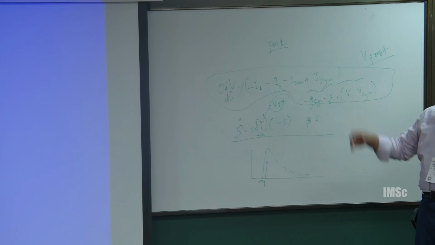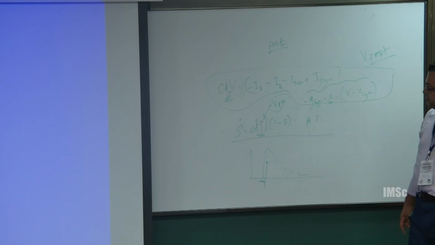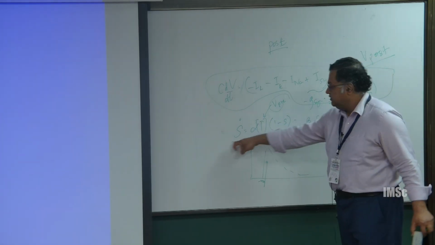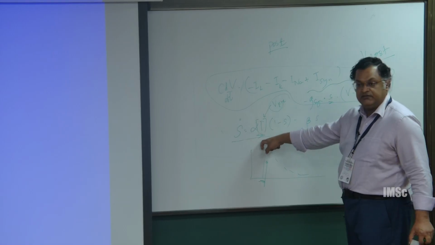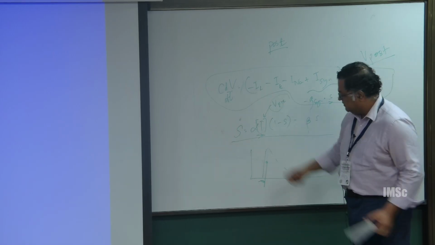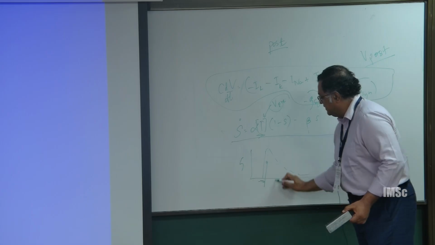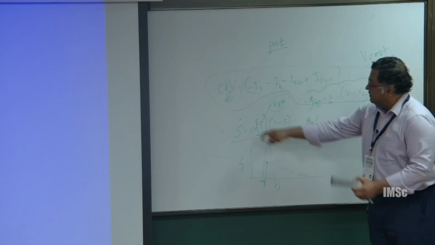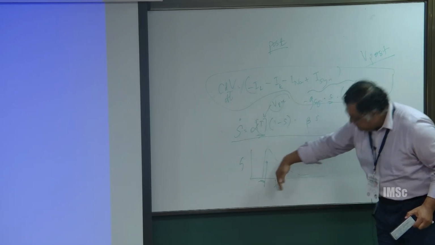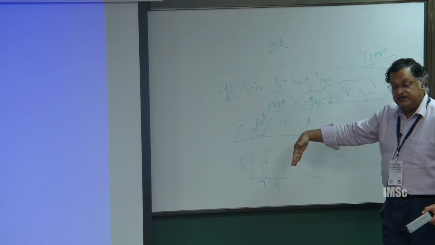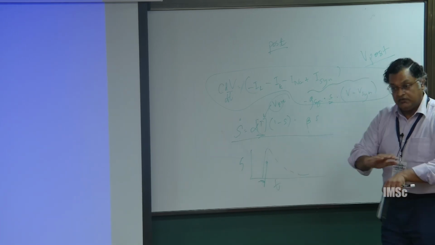So, now we have a framework in which a presynaptic neuron causes this to be driven up, this is S as a function of t. Once this is driven up, the presynaptic stimulation is free to pass through and go away.